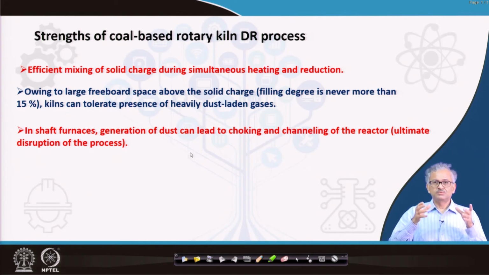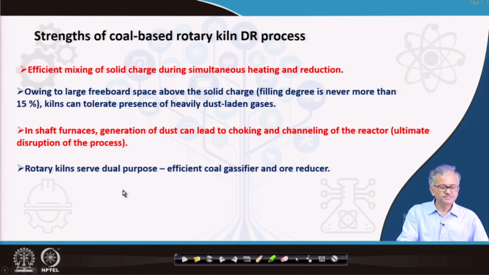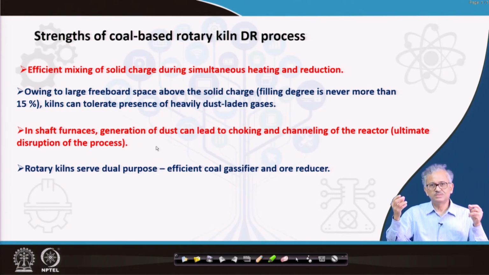The large freeboard can handle heavily dust laden gases. But in a shaft furnace, you cannot use this much dust laden gas, because that will choke the shaft furnace and the process will be abandoned.